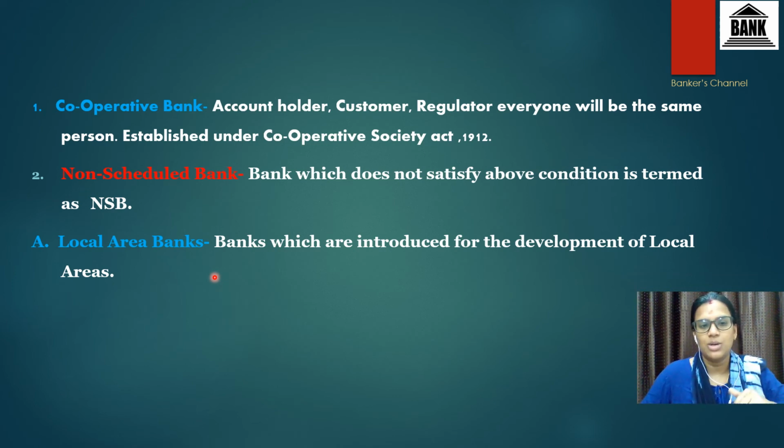Next we will have a look at non-scheduled banks. A bank which does not satisfy the conditions mentioned in the second schedule of the RBI Act 1934, section 2E, is called a non-scheduled bank. I hope this is clear.